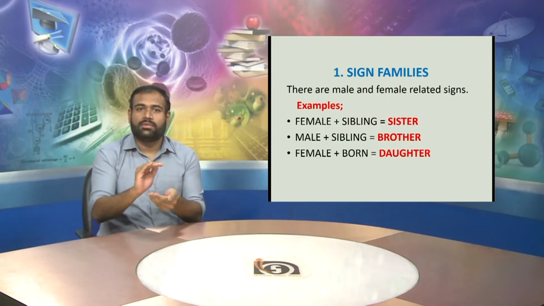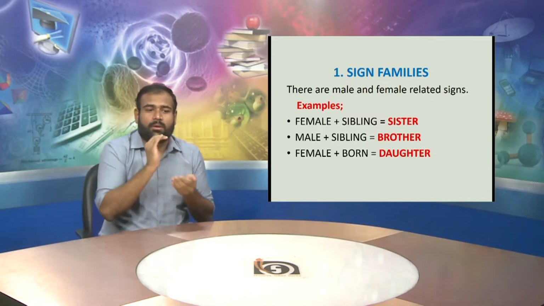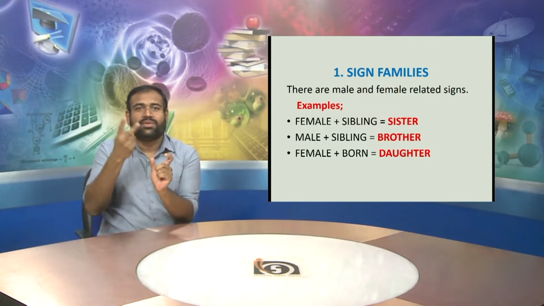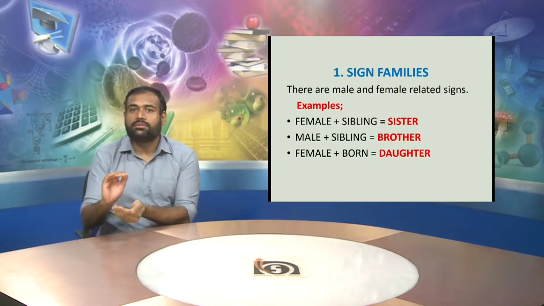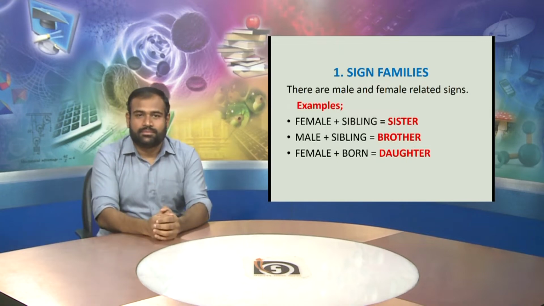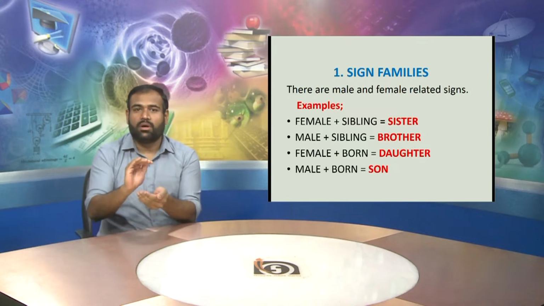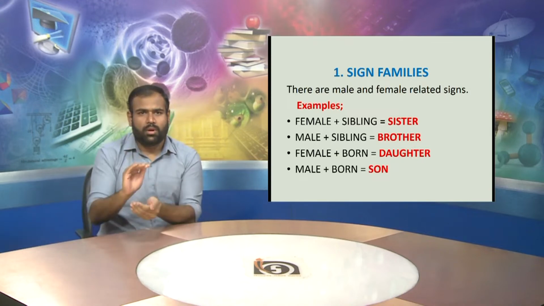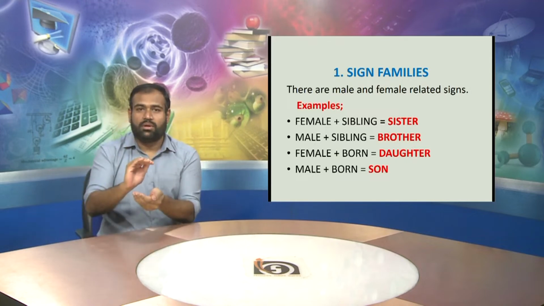Now this is another example. Female plus born means daughter. The sign of female, and then born. So when you do these two signs together, it creates a new word. Similarly, for son, you see the male sign plus born, because born is a baby.